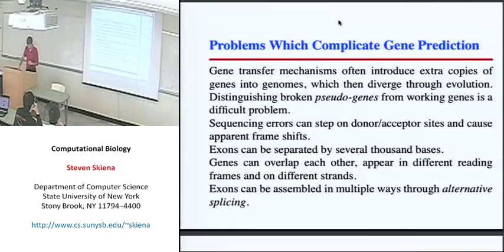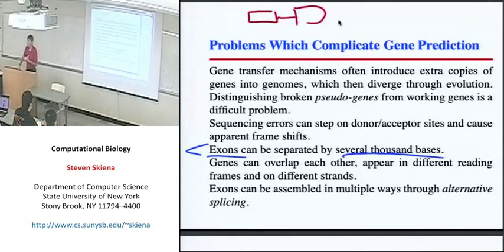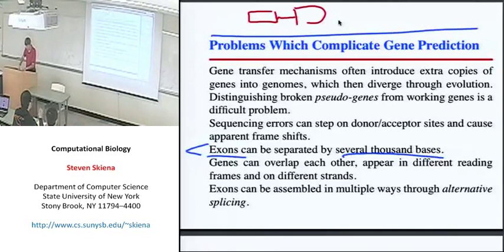One problem turns out to be that the exons can be separated by several thousand bases. This is one of these things I find amazing, actually. So part of me says, okay, if exons are split, fine. You have an exon here, you have a little intron. Somehow, the biological machinery might interpret it as you have several thousand bases here, and here is a little intron, and a little exon.